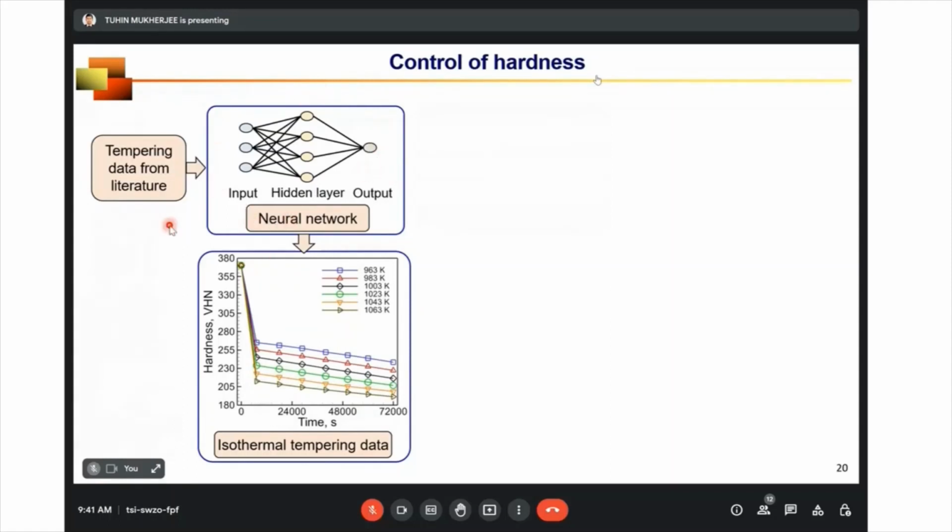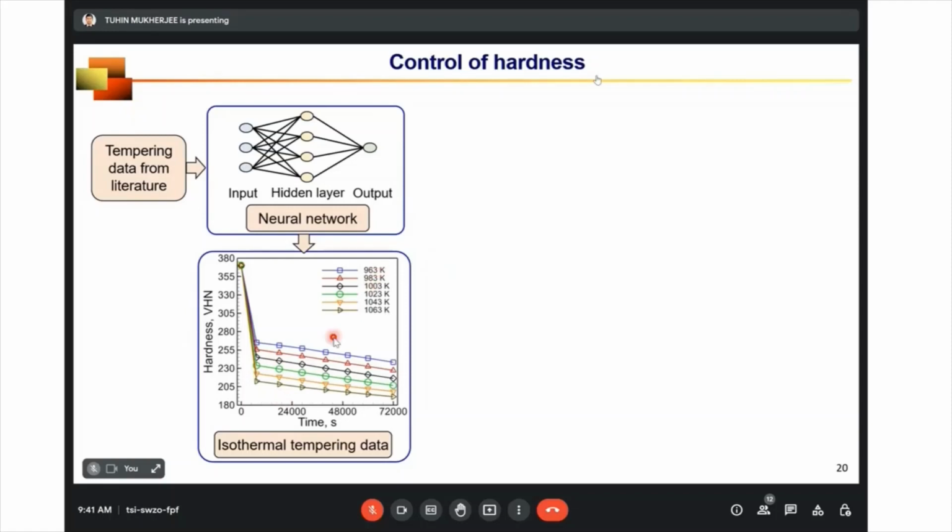Collect the data from literature for different aging times and temperatures, train a neural network, and then use the trained neural network to generate high quality aging data. So here is the benefit of a data-driven tool. When we do not have the data, we have a limited set of data. We can use that, train this kind of machine learning algorithm, and generate reliable data in large quantity.